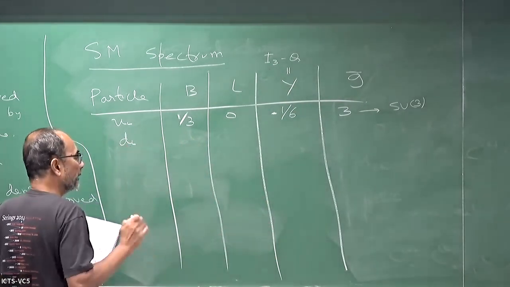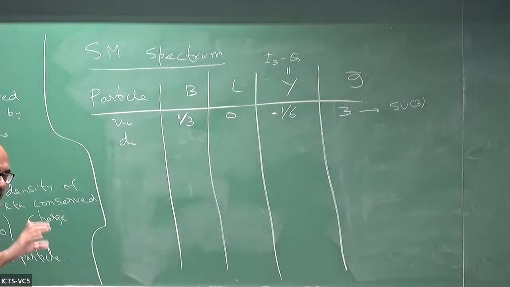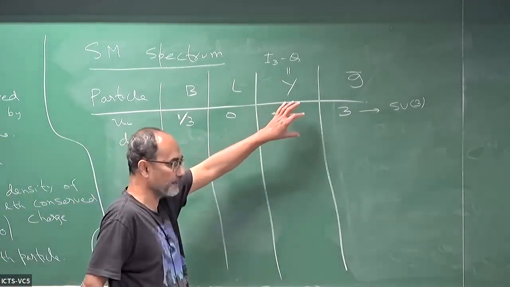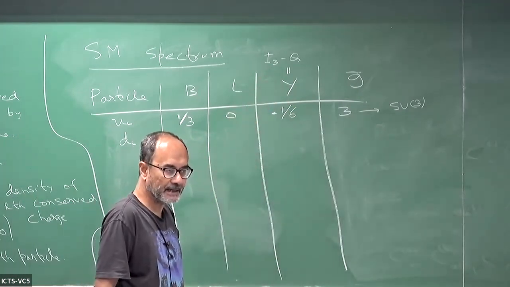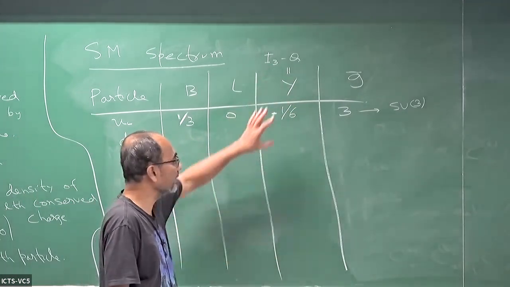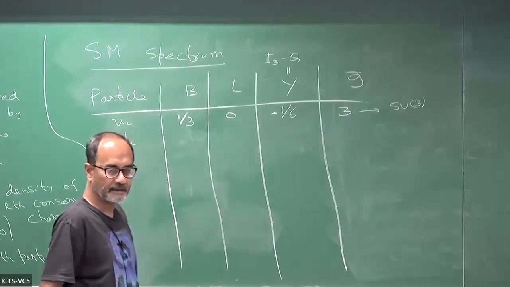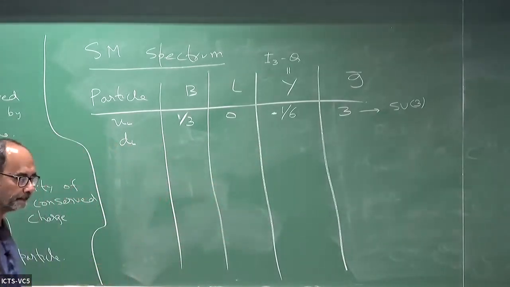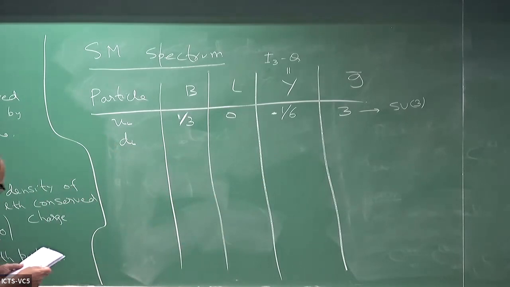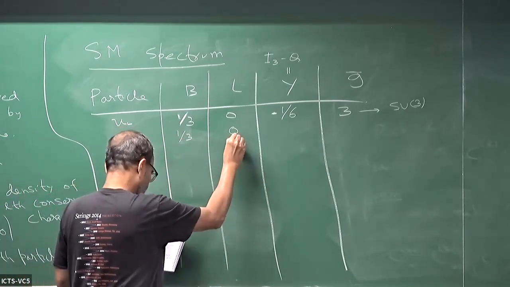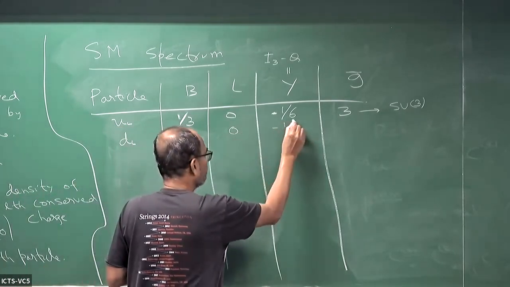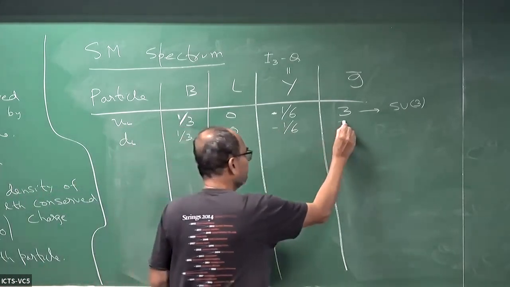Again, let me emphasize that when you write down the standard model Lagrangian, you put this in first, and then Q comes out to be minus 2/3, that's an output, but here we are just using that insight to figure out what Y value should be. Okay, DL: 1/3, 0, minus 1/6, 3.